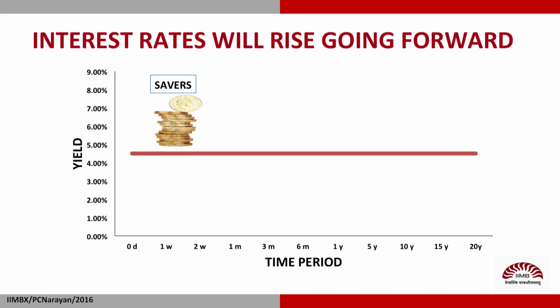In other words, a lot of money flows into the short-term market in the expectation that when interest rates rise, the savers and investors switch to the longer term. Hence, there would be excess liquidity in the short-term market, and as a result, the flat yield curve that we started with will start pivoting downwards, because with excess supply of money in the short term, interest rates and yields in the short term would fall.